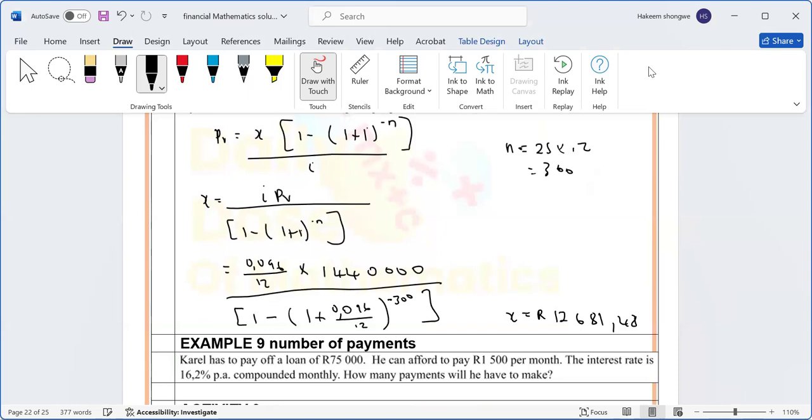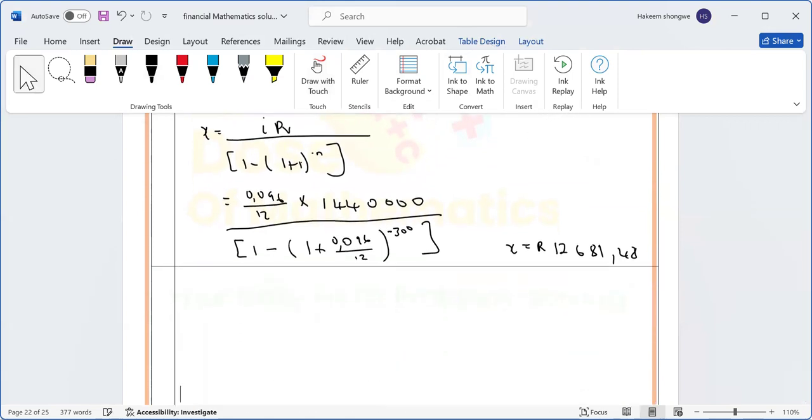Now, we don't know the interest. They can always ask how much interest Nkosinathi paid. Let's check how much interest was paid by Nkosinathi. I think it's worth doing because they more or less always ask that question.